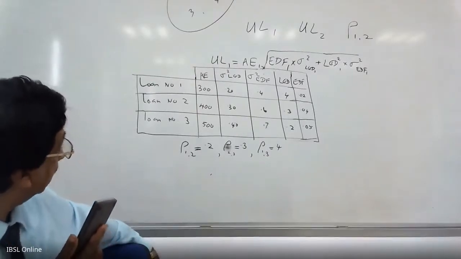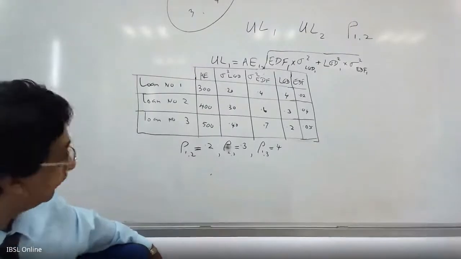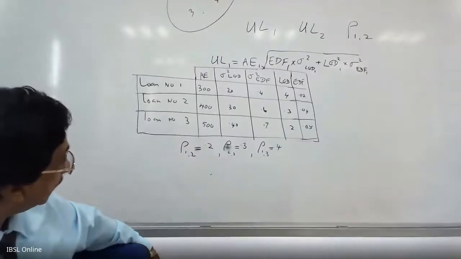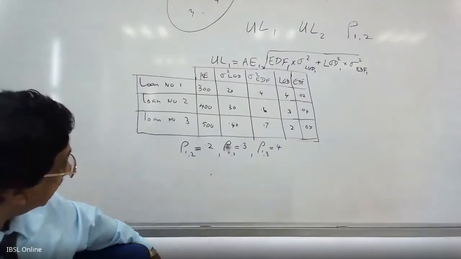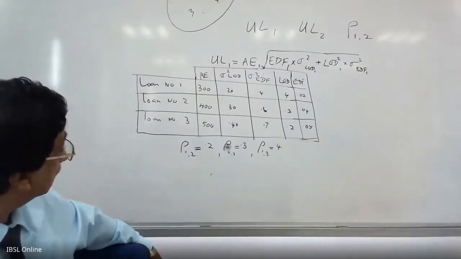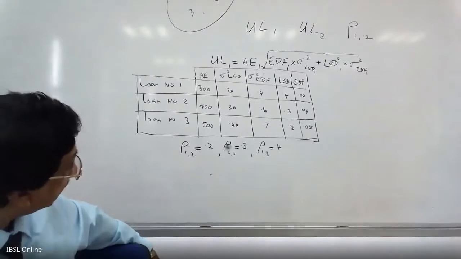Then you go into loan number 2. AE is 400, sigma squared LGD is 0.30, sigma squared EDF is 0.6, LGD is 0.3, EDF is 0.04.